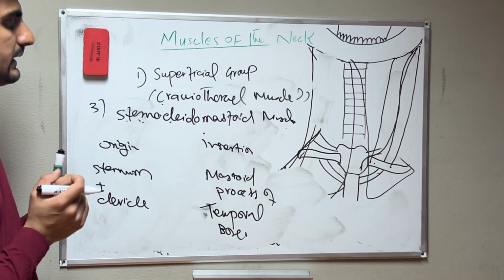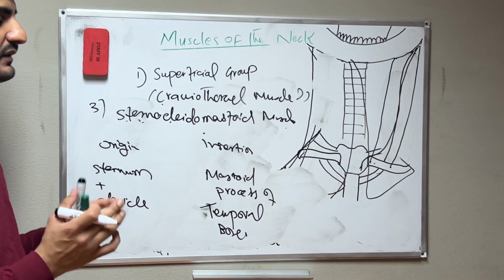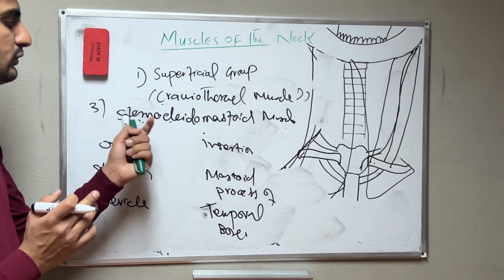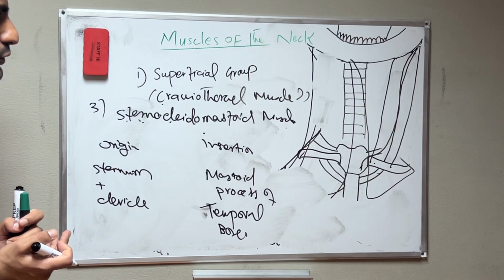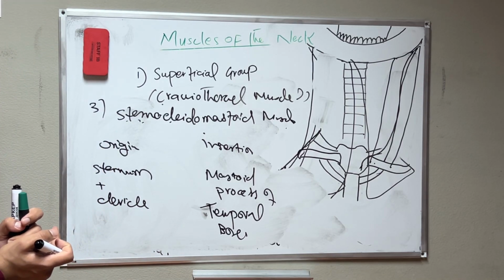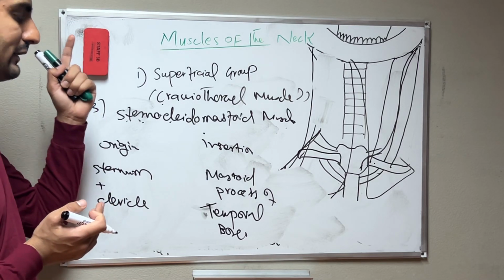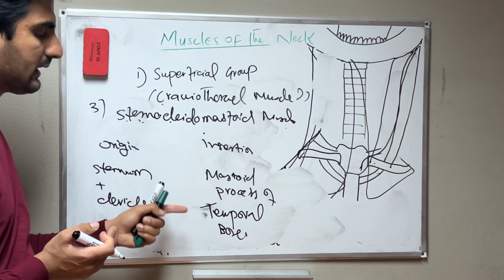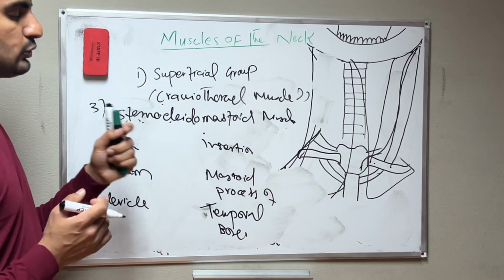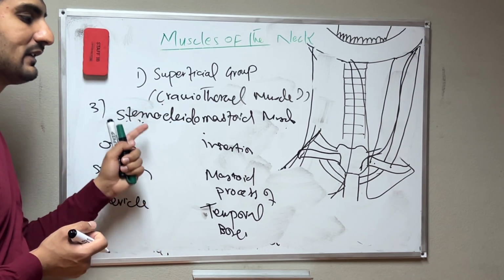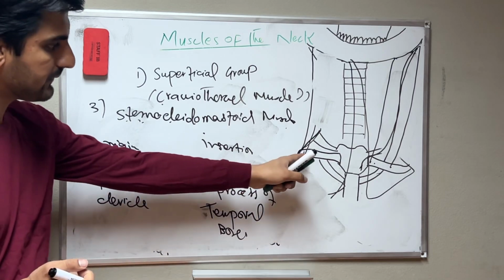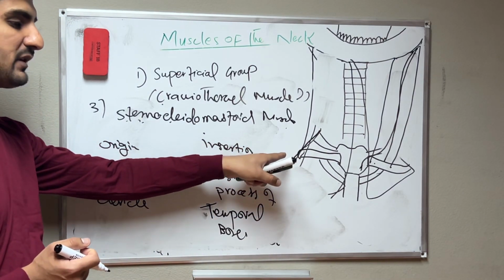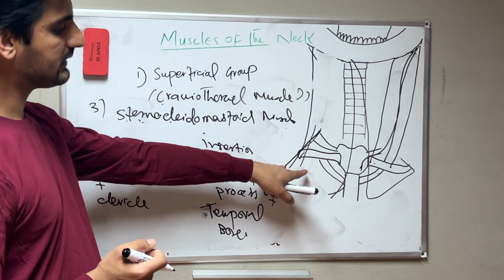The second muscle, trapezius, is also a superficial group muscle of the back and takes part in the superficial group of the neck. It originates from the nuchal ligaments, superior nuchal line, and all cervical and thoracic vertebra, and inserts into the acromial end of the clavicle and the acromion process of the scapula. If you remember the scapula, we have the acromion process, the coracoid process, and then the spine of scapula.